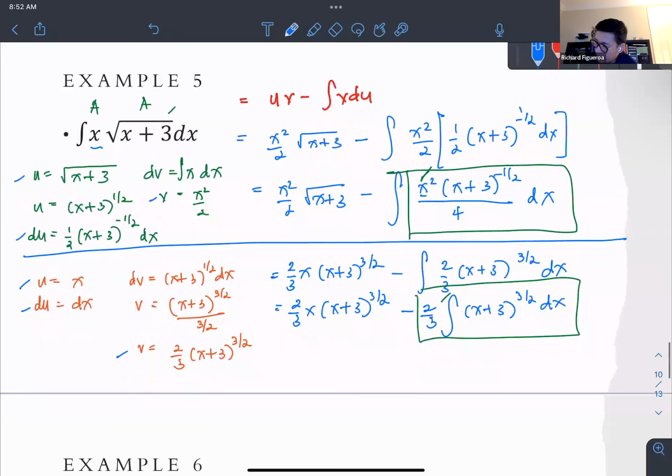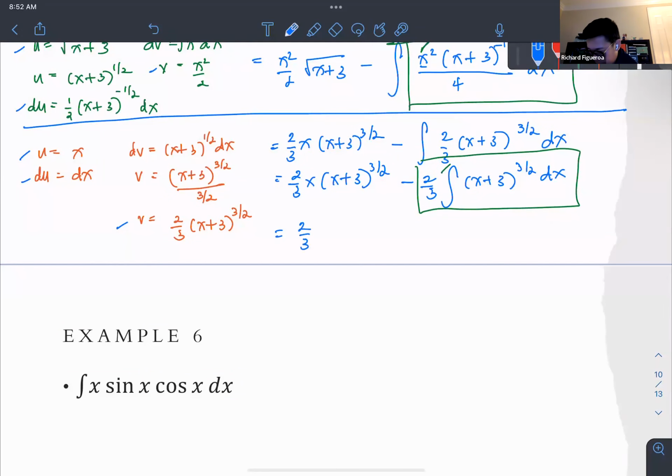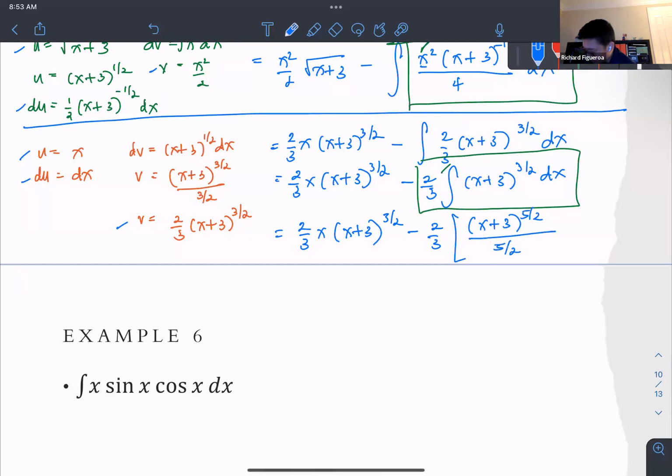So ngayon, that will be 2/3 x times x plus 3, 3 all over 2 minus 2/3, and multiply it with x plus 3. So 3 all over 2, that would be 5 all over 2 all over 5 over 2 plus c. So 2/3 x plus 3 raised to 3 all over 2 minus, so that one will become, baliktarin mo, 2 over 5.